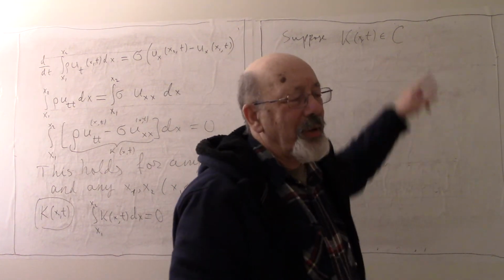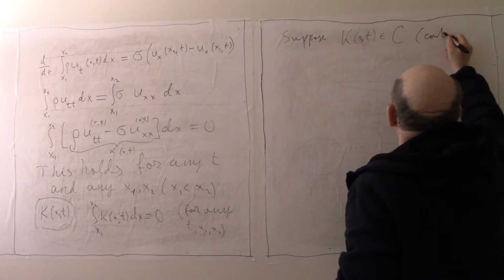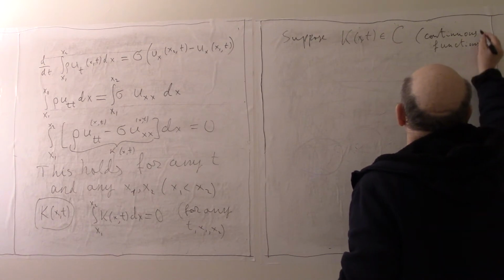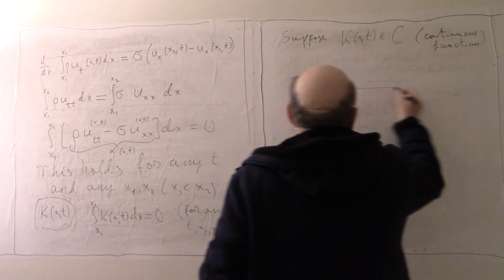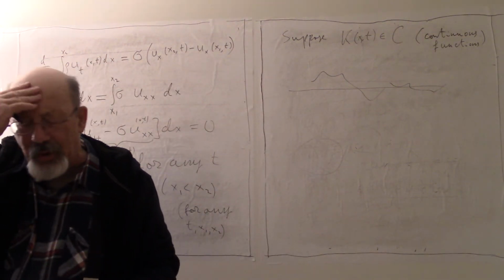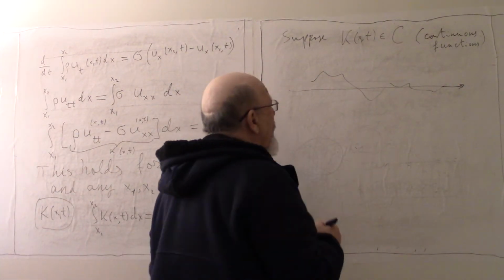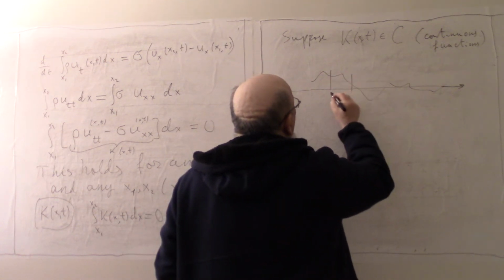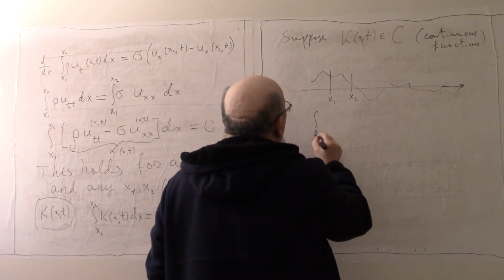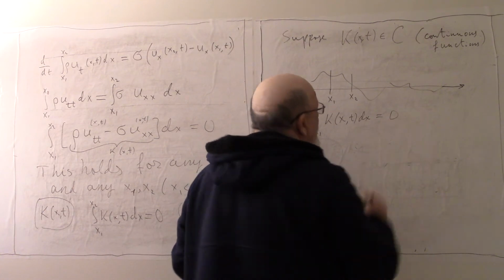The set of continuous functions is denoted by C. For any fixed t, we have a function k of x, t being a parameter, and it is known that for any x1 and x2, the integral from x1 to x2 of k(x,t) dx equals 0.